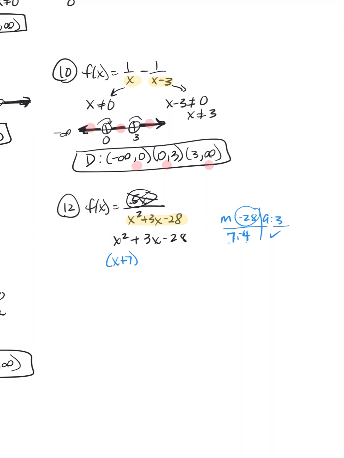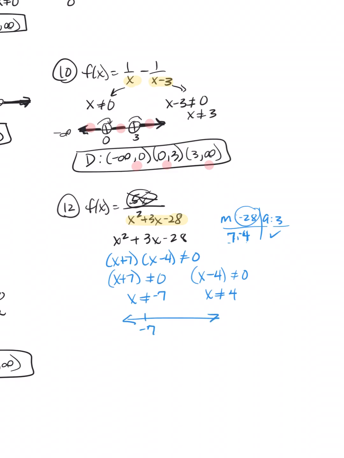So then I'll have x plus 7, and I'll have x minus 4 cannot equal 0. So I'm going to separate them out. So x plus 7 cannot equal 0. x minus 4 cannot equal 0. All right, so that means that if I solve it, x cannot be negative 7. x cannot be a positive 4. So number line it.